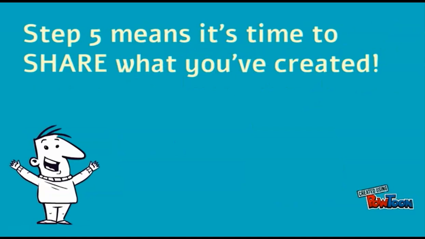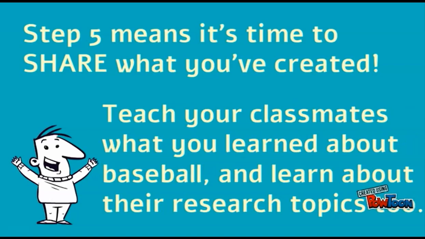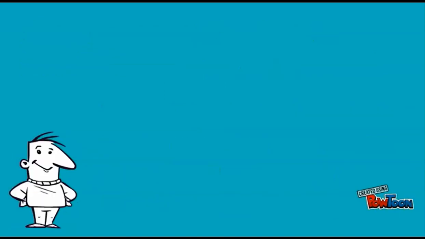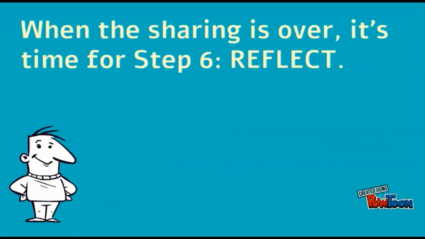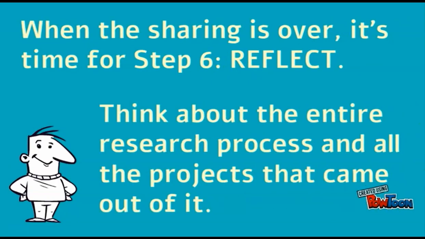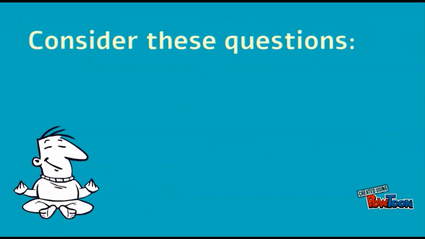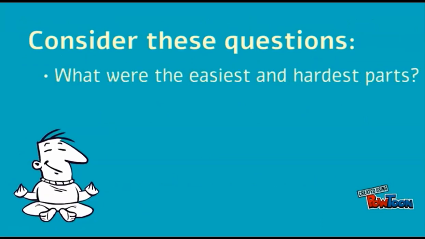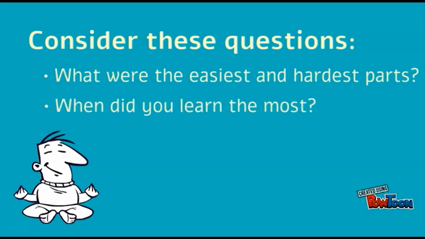Step 5 means it's time you share what you created, and you'll need to teach your classmates about what you learned about your topic, and you'll learn about their topics. When sharing is over, it's time for step 6, which is to reflect. And you need to think about the entire research process and all the projects that came out of it. Consider these questions in your reflection. What were the easiest and hardest parts?